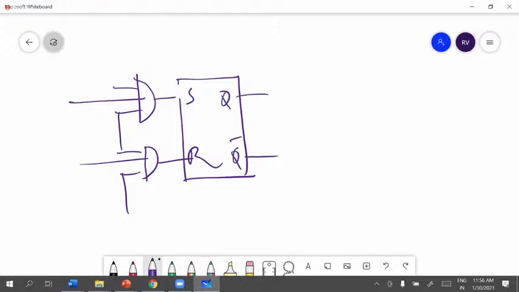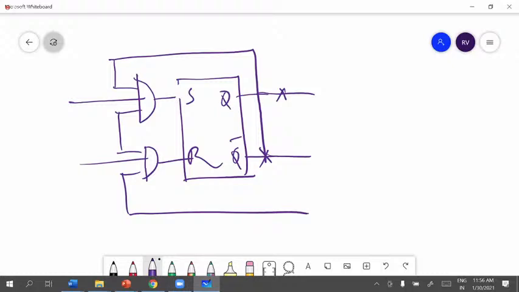We extend this and here this one. So this is the J input. This is your K input. This is your clock signal.